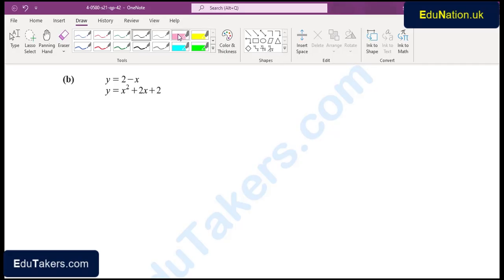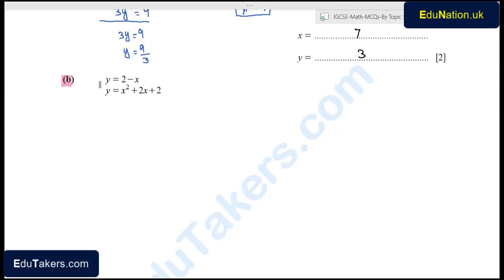Next is part B. y = 2 − x and y = x² + 2x + 2. Let's say this is A, this is B. Since both equations are equal to y, 2 − x = x² + 2x + 2.